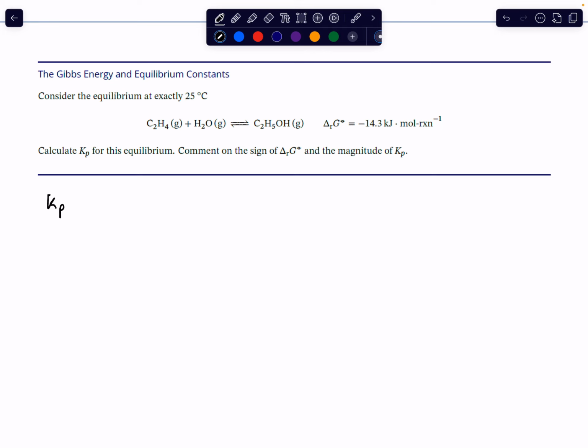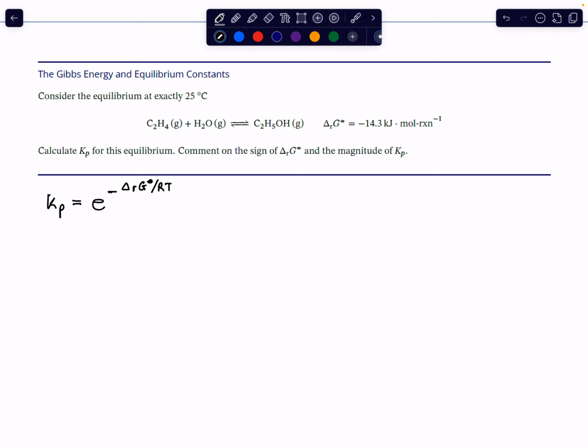So how can we calculate Kp from the standard Gibbs energy of reaction? Well, there's an equation. Kp is equal to e to the power negative delta rG naught divided by RT.